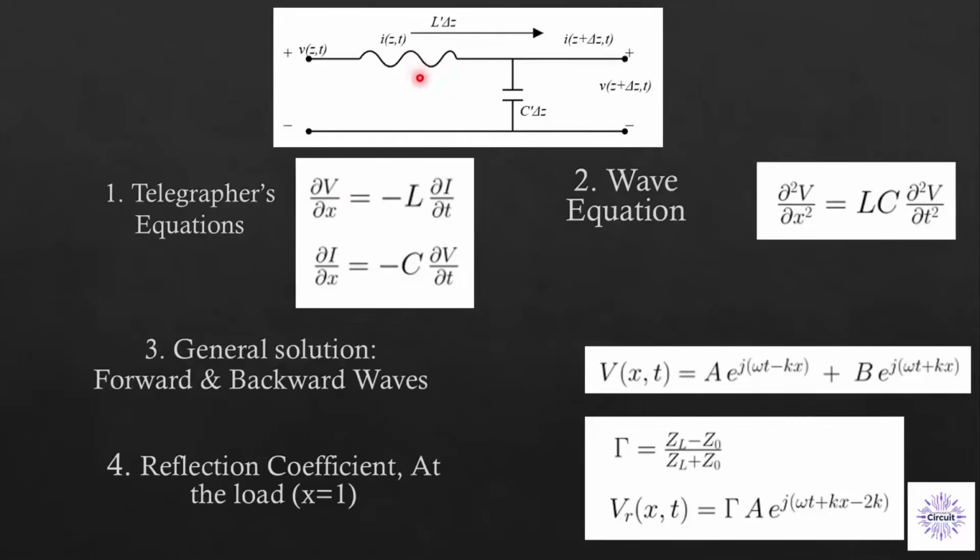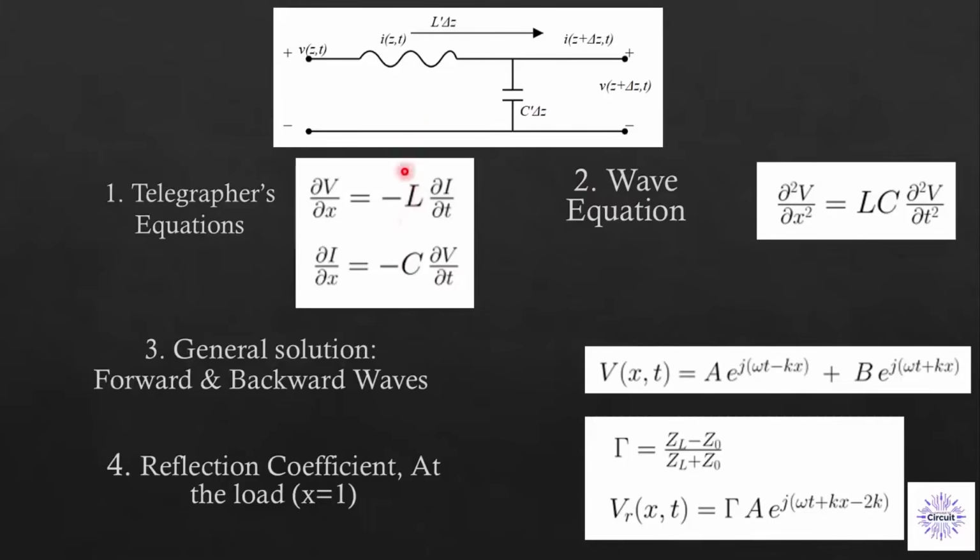You can see it's just L di over dt, where i is the current passing through it. You can write the same for the capacitance, because the delta I from this point to this point is just the current passing through this capacitance, which is di over dx equals minus C dv over dt.